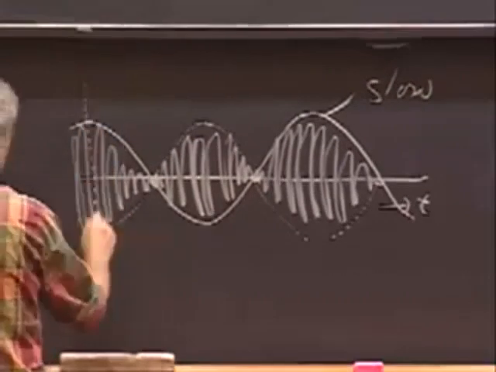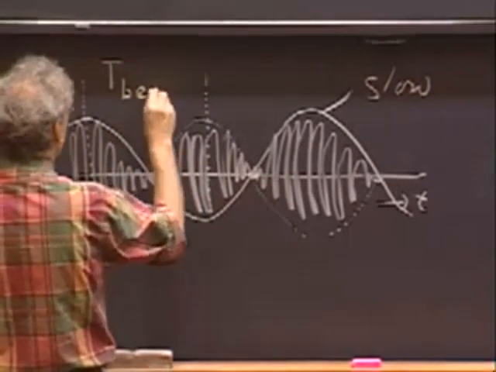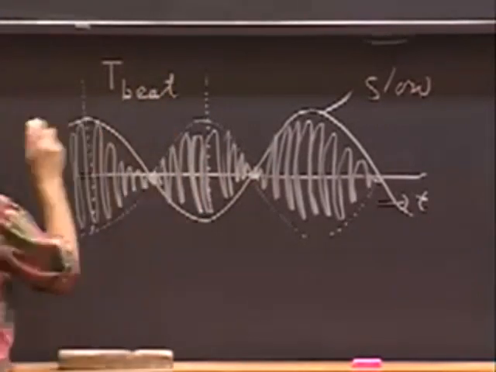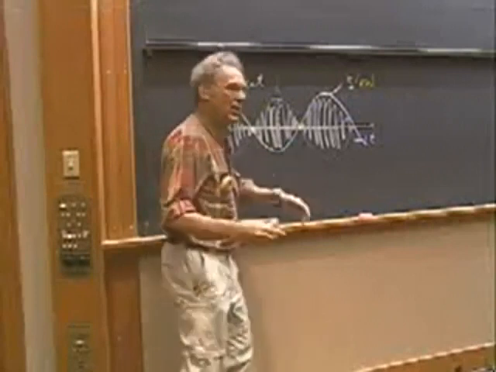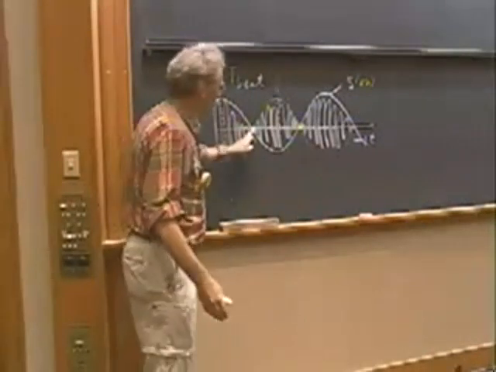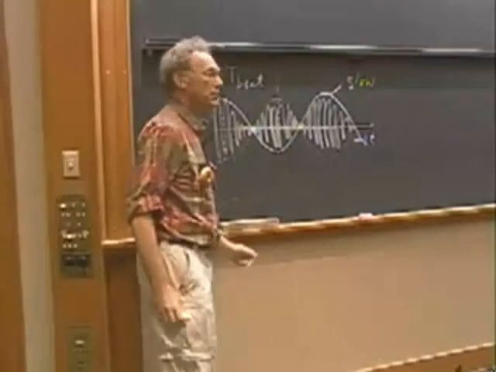We define, that is just a matter of definition, this as the beat period, when the two are in phase, and here they are again in phase. The two are here 180 degrees out of phase. We define this as the beat period.